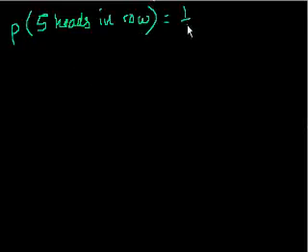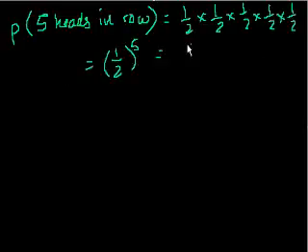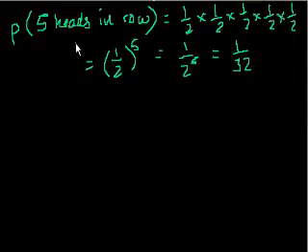So it's 1/2 times 1/2 times 1/2 times 1/2 times 1/2, and that equals 1/2 to the 5th power, and that's 1/32. That's the probability of getting 5 heads in a row.